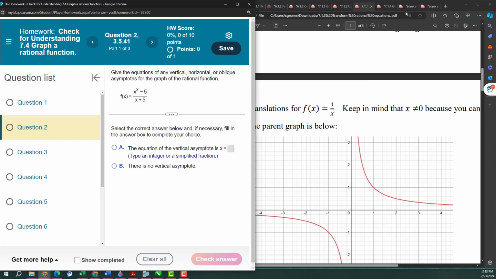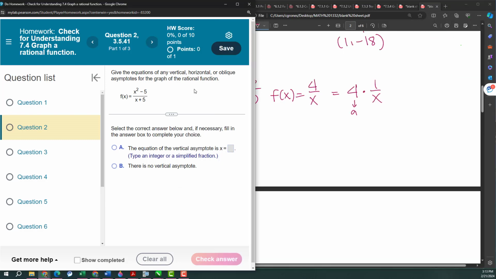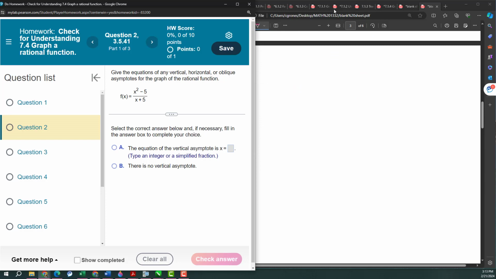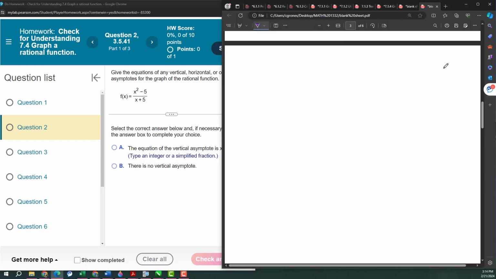It says, give the equations of any vertical, horizontal, or oblique asymptotes for the graph of the rational function. And they give us that f of x equals x squared minus 5 divided by x plus 5.